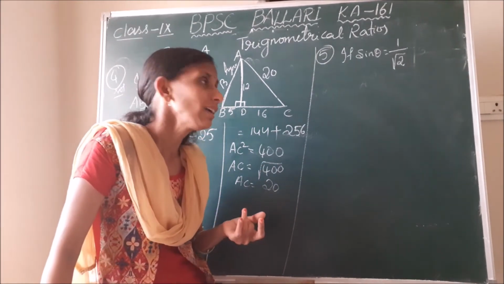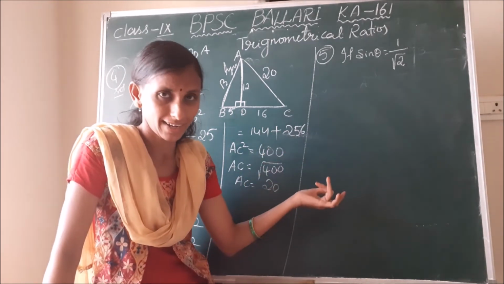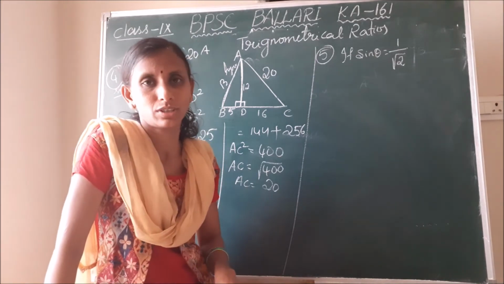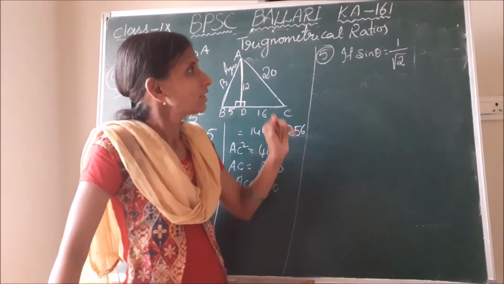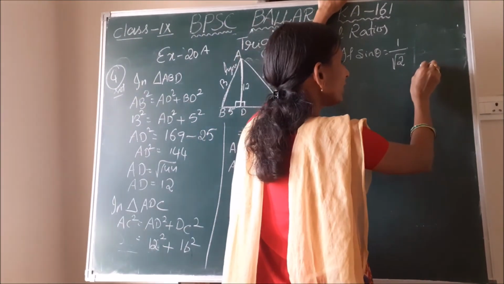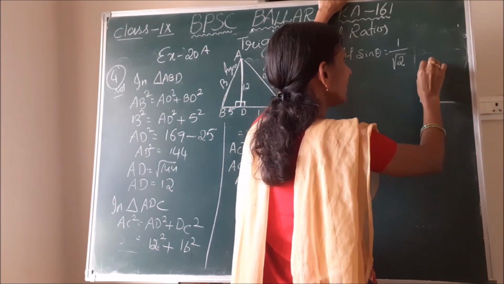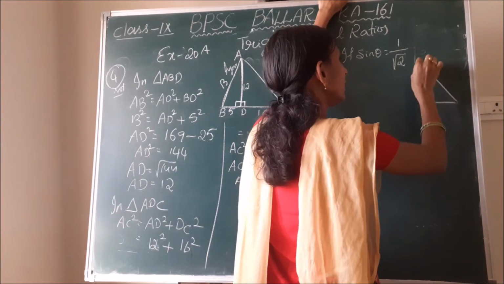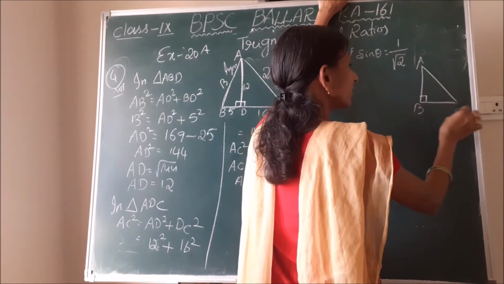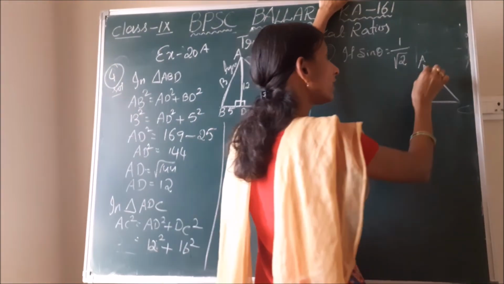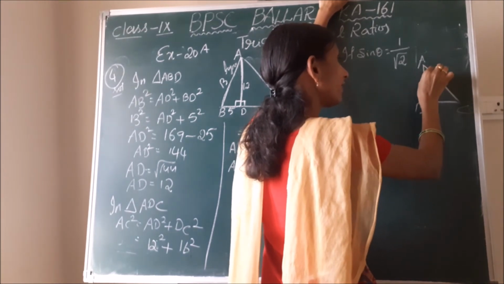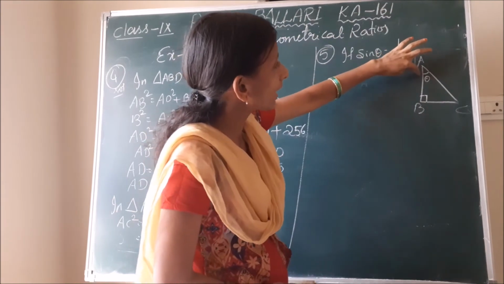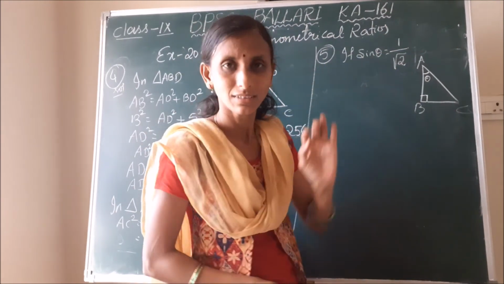For that, first we need to construct a triangle. Here we will get only right angled triangles, no other triangle. So here I am taking a right angled triangle, with the right angle at B, A, B, C. Now I am taking an angle theta. Anywhere we can take theta, so here at angle A I am taking angle theta.